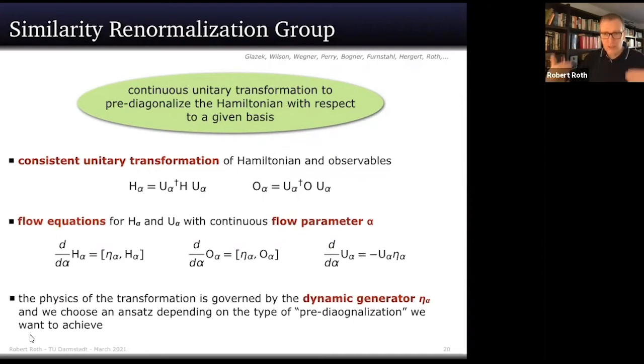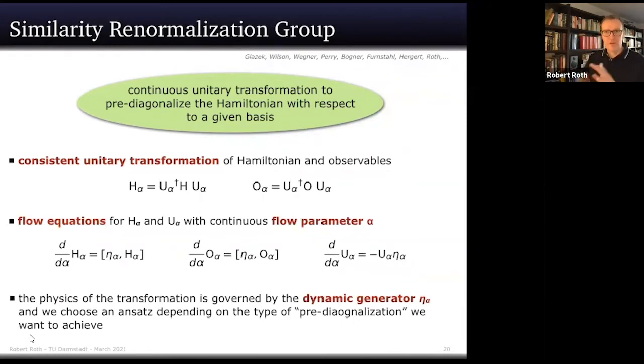But then you would have to make an ansatz, design something for this unitary operator u. And this is much more complicated, much more difficult than reversing everything and starting out with some ansatz for the eta and then deriving the corresponding u from this relation based on the eta that you've chosen.